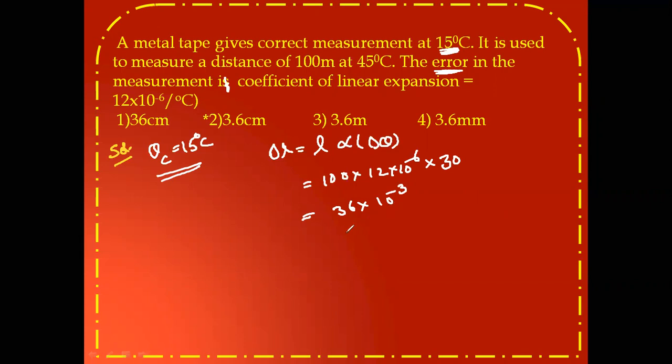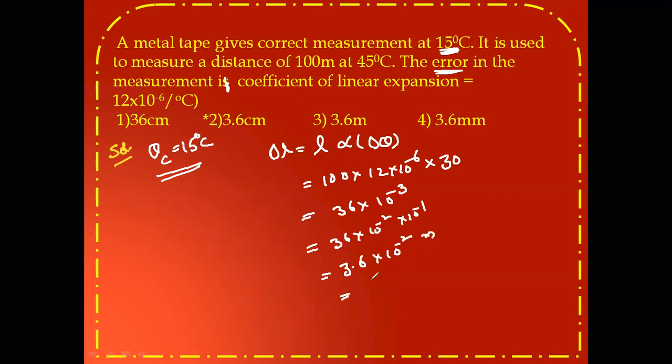So this is equal to, I can say, 36 into 10 power minus 2 into 10 power minus 1. This I can take as 3.6 into 10 power minus 2 meters.